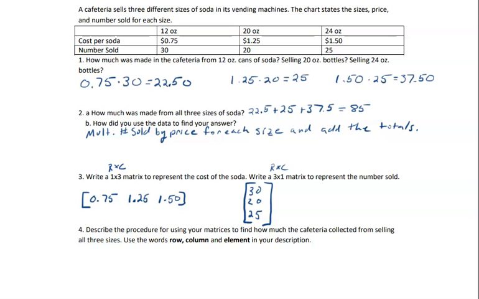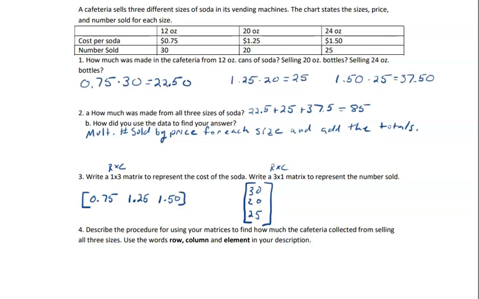Describe the procedure for using the matrices in number 3 to find how much the cafeteria collected from selling all three sizes. Use the words row, column, and element. In the first matrix, the 0.75, 1.25, and 1.50, we have 1 row, 3 columns. 0.75 is an element, 1.25 is an element, and 1.50 is an element.